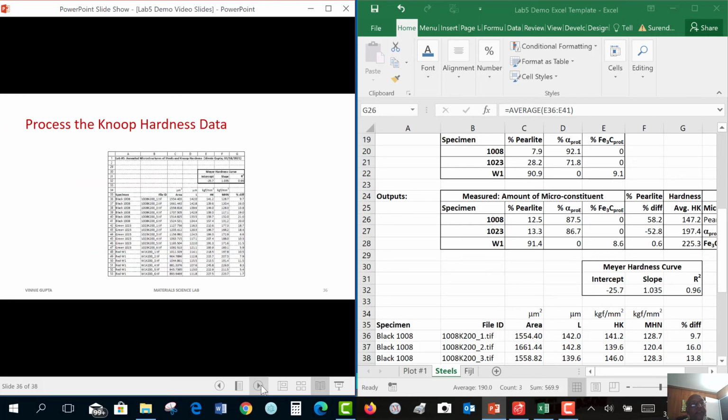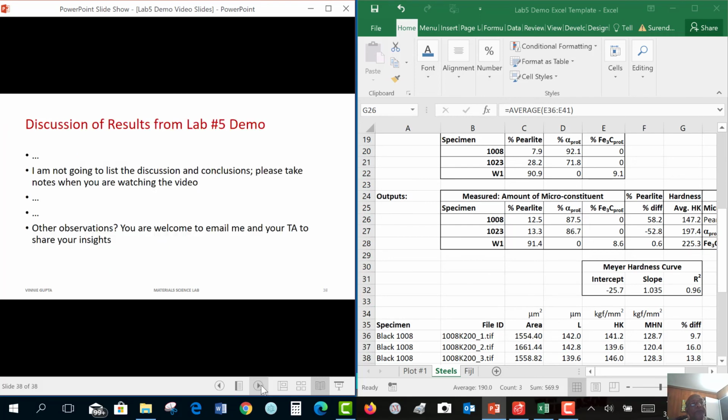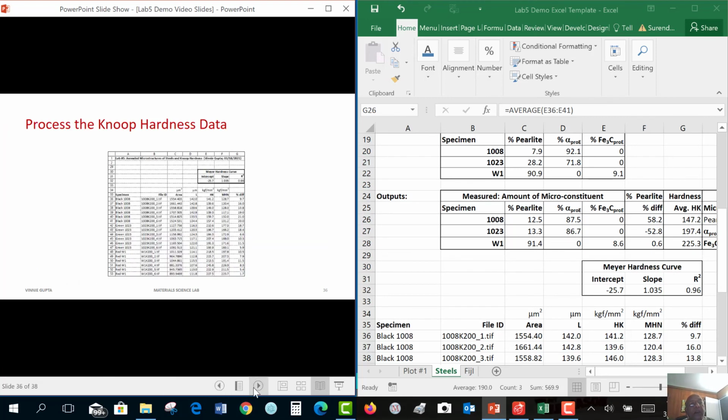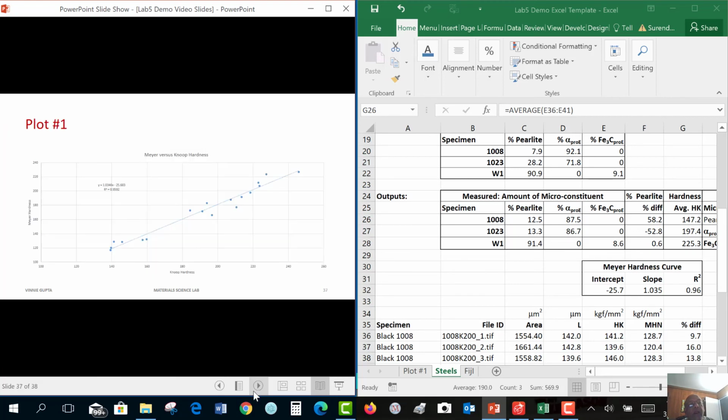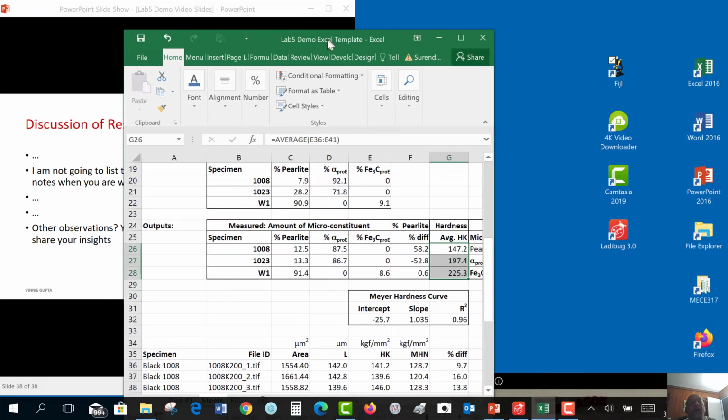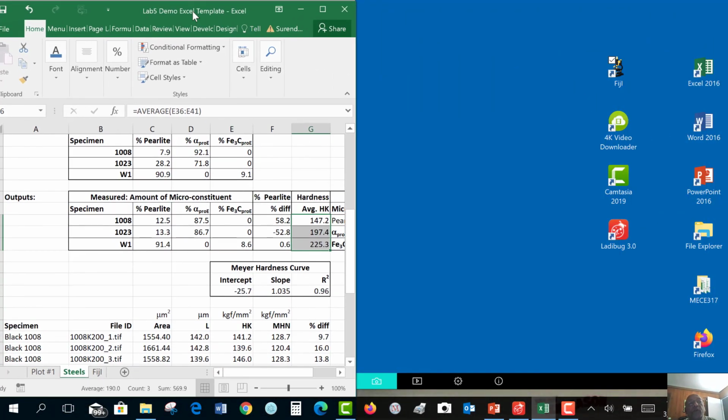So there is a very interesting thing we can do. So here is a plot, by the way. I have adjusted the axes, etc. So I'm sure you know how to do that. And let's talk about a concept called rule of mixtures.